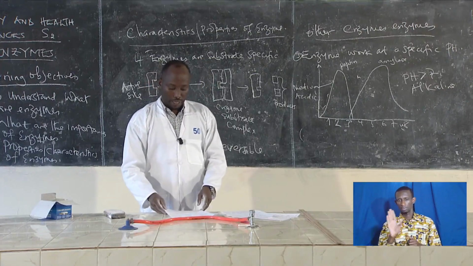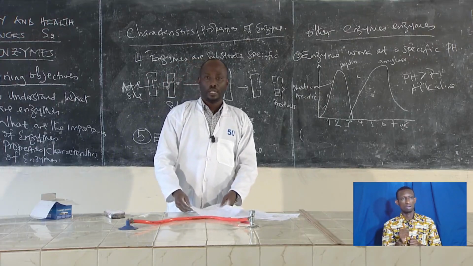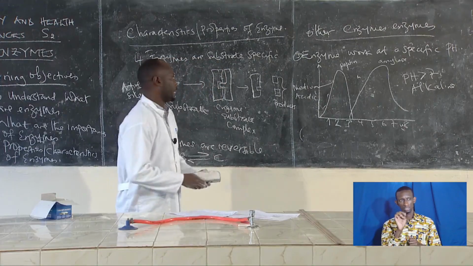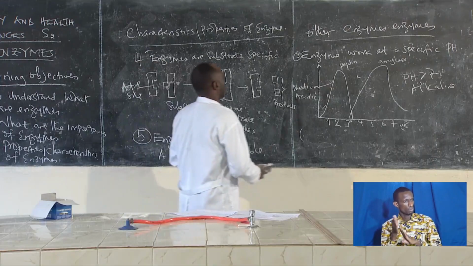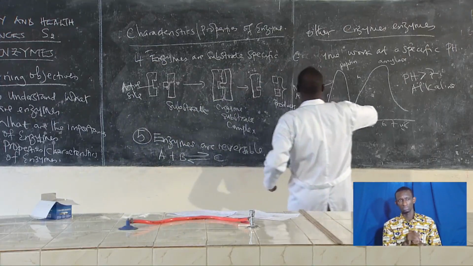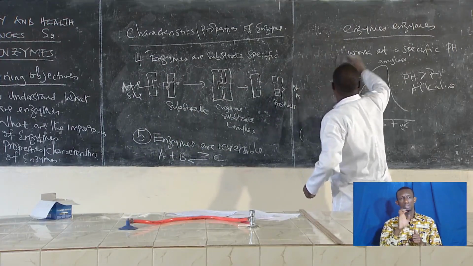Let's talk about another characteristic. Enzymes normally work rapidly. Take note: another characteristic of enzymes is that they work rapidly. This is number 6.